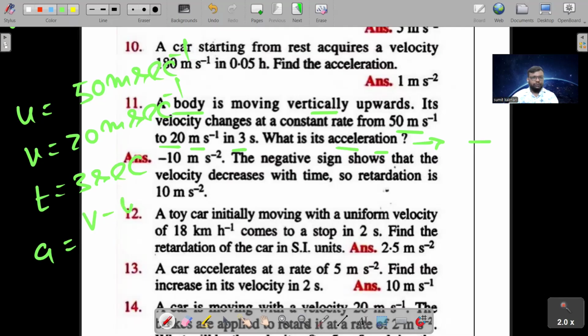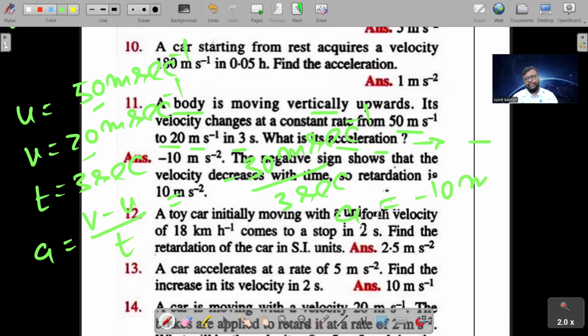V minus u upon t. Now, v is 20 and u is 50. So 20 minus 50 will be minus 30 meter per second. And time is 3 seconds. So your acceleration will come out to be minus 10 meter per second square.